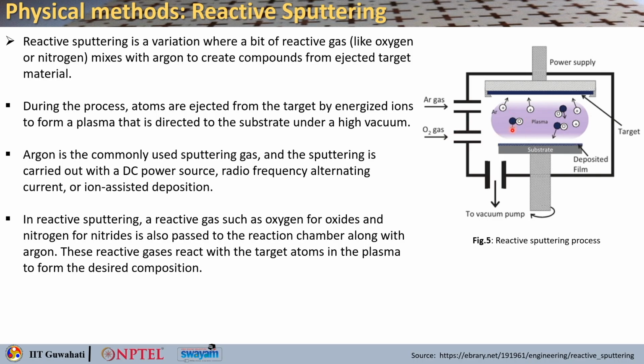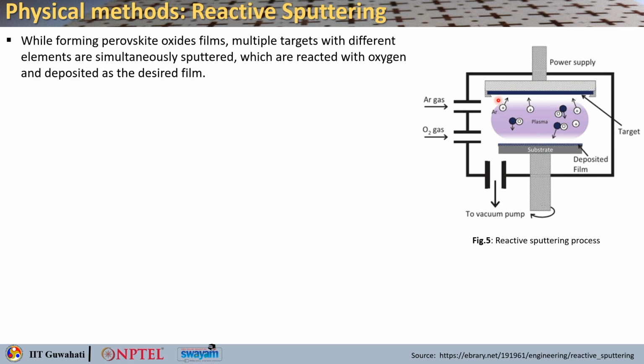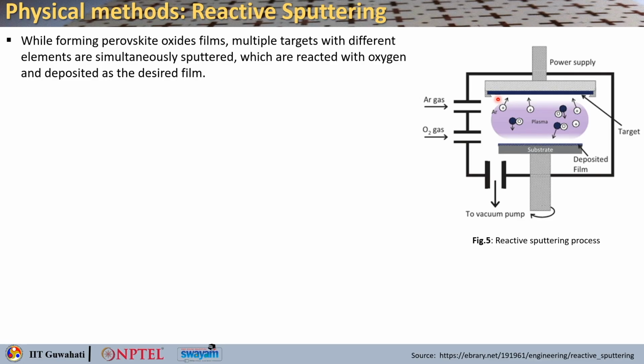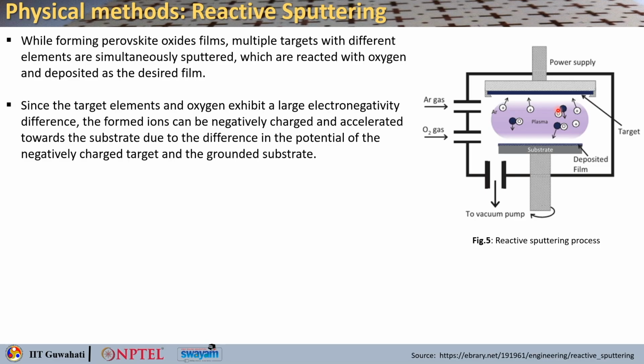So, these reactive gases basically react with the target atoms in the plasma to form the desired composition, and then it gets deposited, right. So, while forming multi-element oxide films, multiple targets with different elements are simultaneously sputtered. So, they are basically reacted with oxygen and deposited as a desired film.